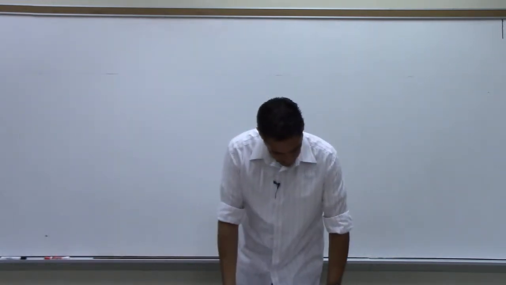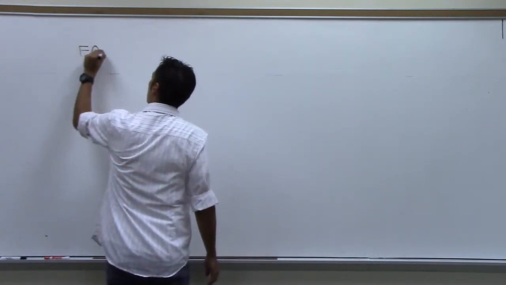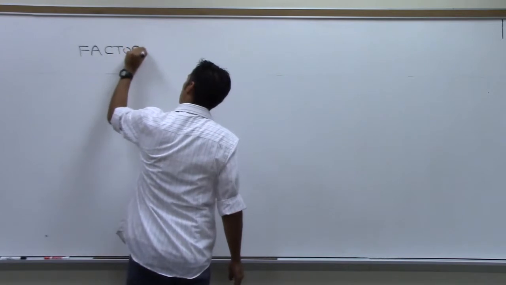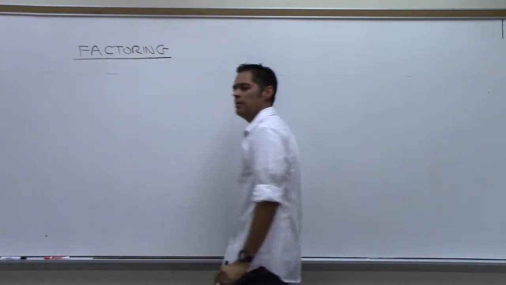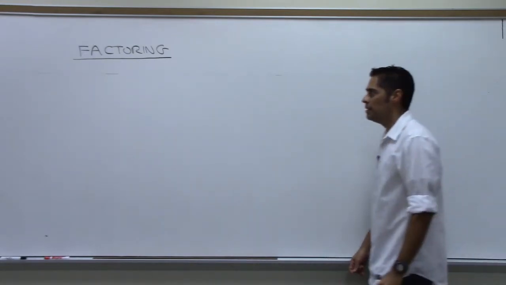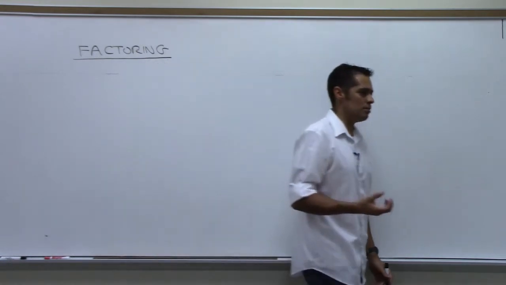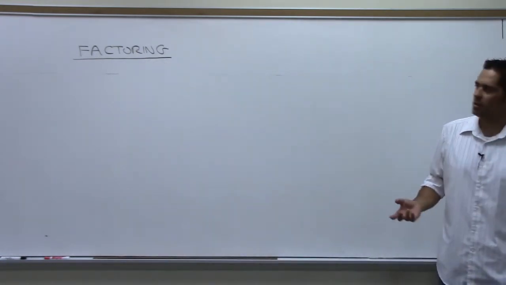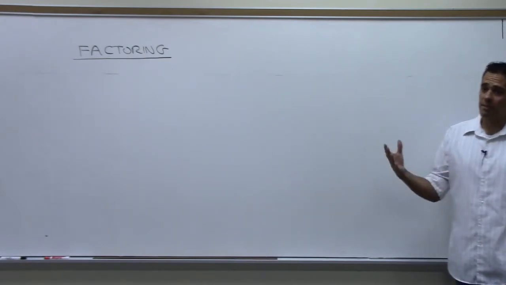All right, there's this third F word that you love. This actually might be your favorite. Factoring. Factoring is the Achilles heel of many, many algebra students. Even my calculus students, their biggest weakness is factoring. And there are all types of factoring.